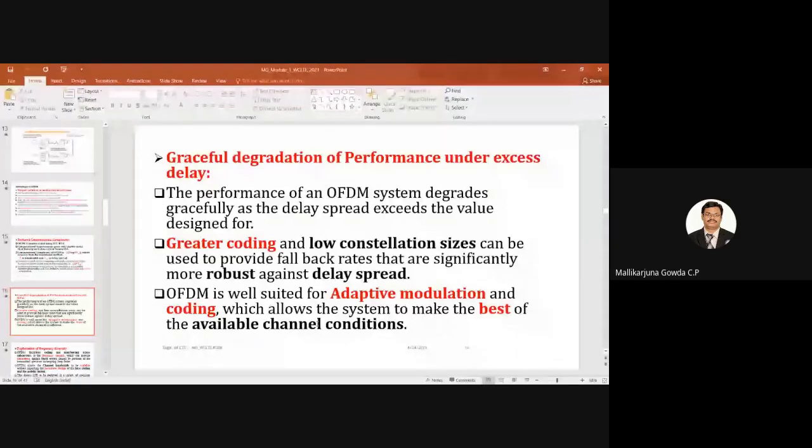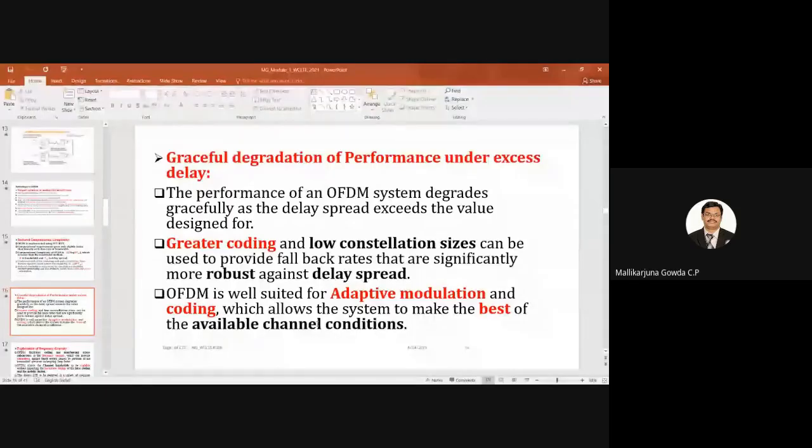I said the delay spread is an important parameter. The value of the delay spread should be much smaller than the duration of the symbol. Then only can I say there will be no inter-symbol interference, right? Even if there is a slight increase in the delay spread, the performance of OFDM will not degrade so quickly. That is the meaning.